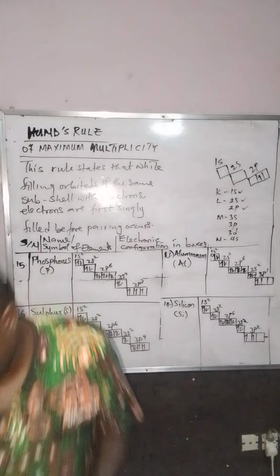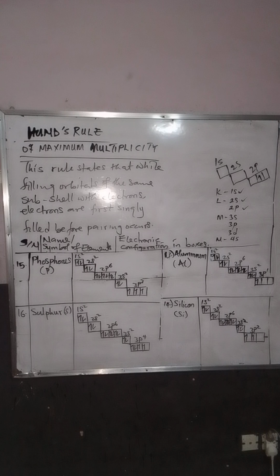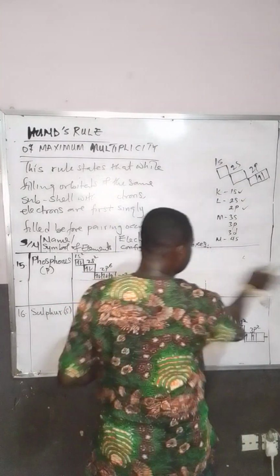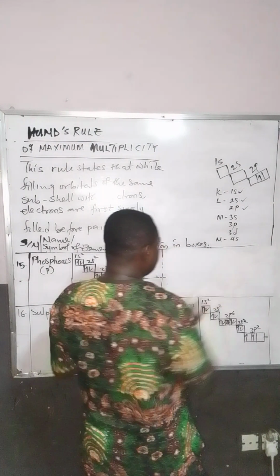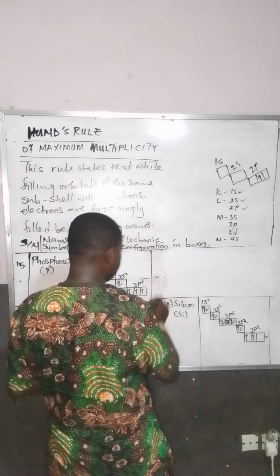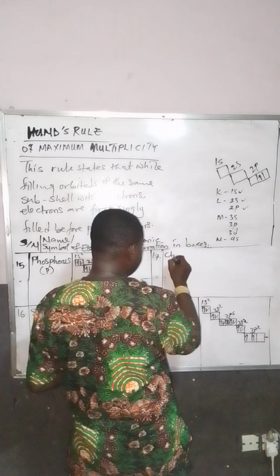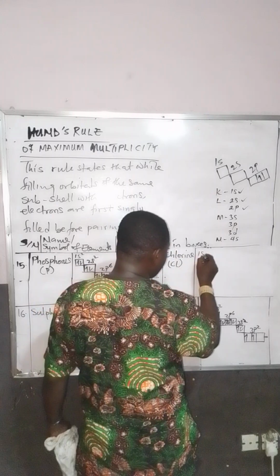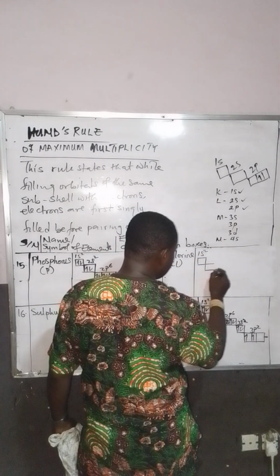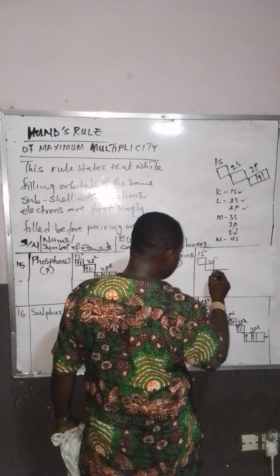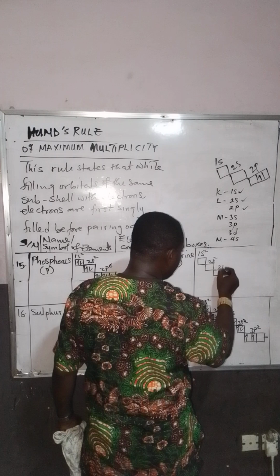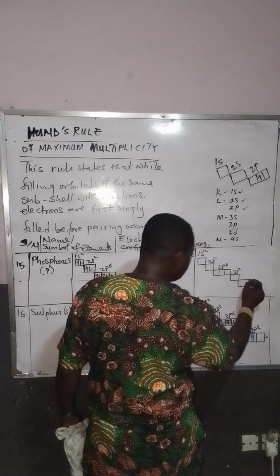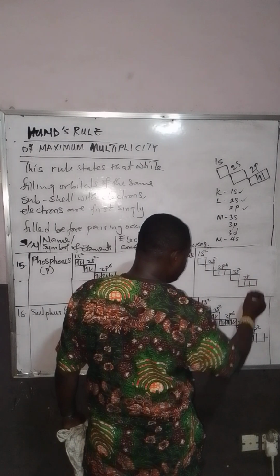Now 17. Number 17 is chlorine, Cl. I have 1s2, 2s2, 2p6, 3s2, 3p what?